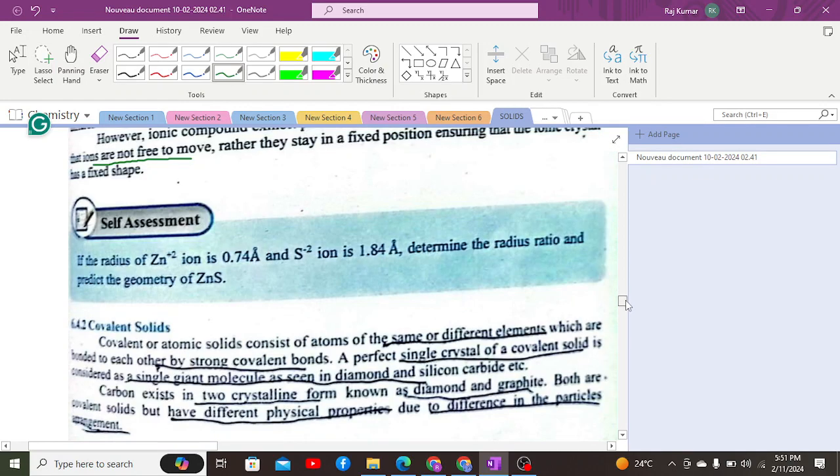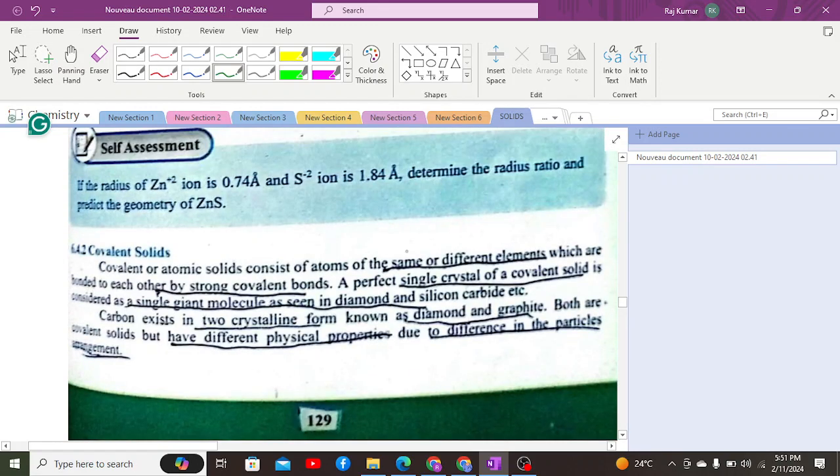Moreover, when it comes to covalent solids, these are atomic solids which consist of atoms of the same or different types, bonded to each other by strong covalent bonds, such that a perfect single crystal of a covalent solid is considered a single giant molecule, as seen in diamond and silicon carbide.